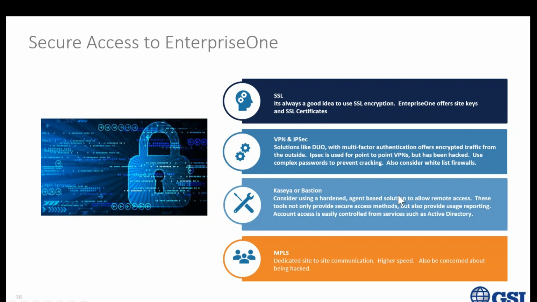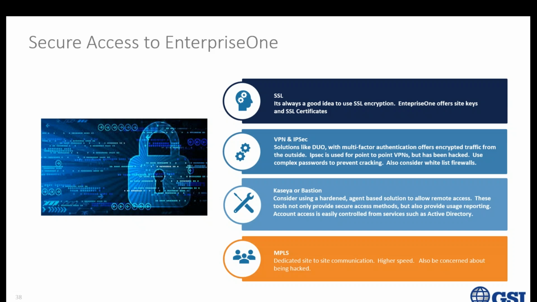Kaseya or Bastion, GSI has implemented Kaseya with our clients. It's a hardened way to get into a system with monitoring. That's the really cool thing. You can see who's getting into your system. It's an agent-based, highly secure, remote way to get in if your VPN solution becomes difficult.